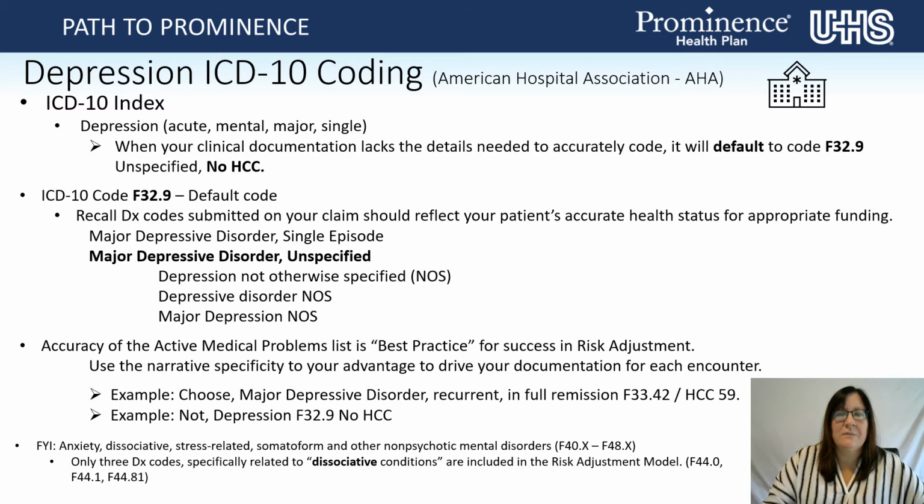Accuracy of the active medical problems list is best practice for success in risk adjustment. Use the narrative specificity to your advantage to drive your documentation for each encounter. When it comes to depression, there are specific elements required.